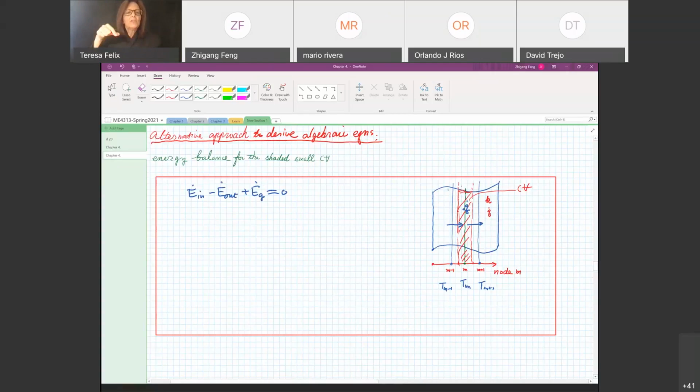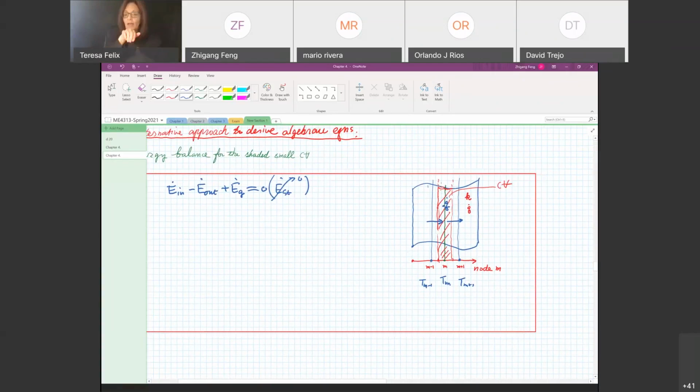At a steady state, we have the stored energy equal to 0. That's one of the questions on the first exam, right? The stored energy cannot change with respect to time.